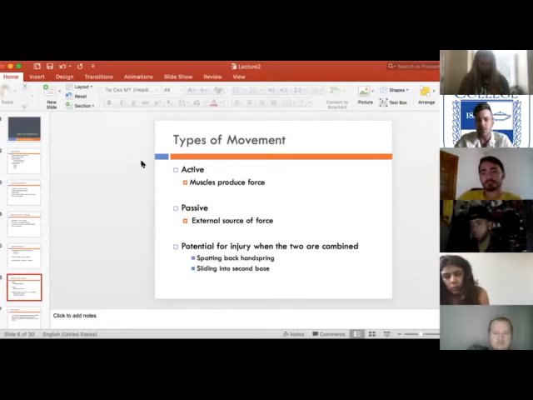So those are all different types of movement, but the forces are generated by different providers. So when you're using your muscles, that's called an active force or an active movement. And when something else is acting on you, it's an external source of force.